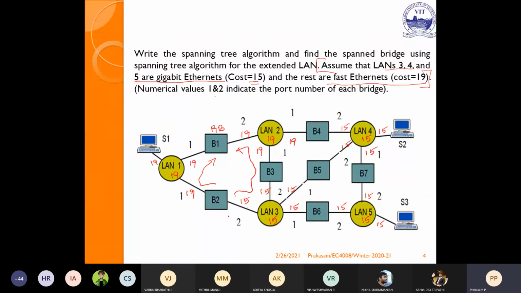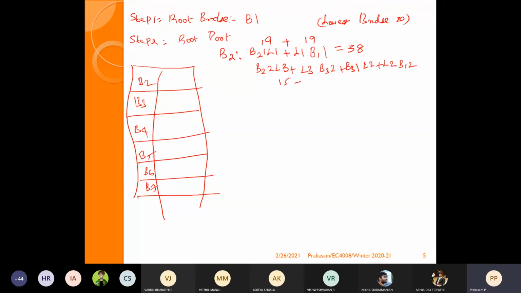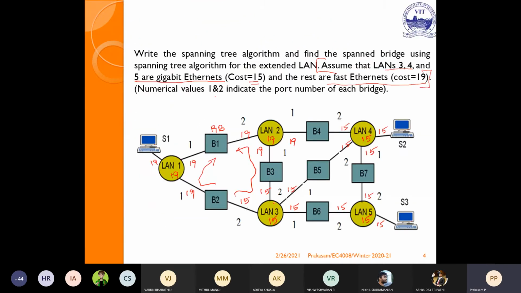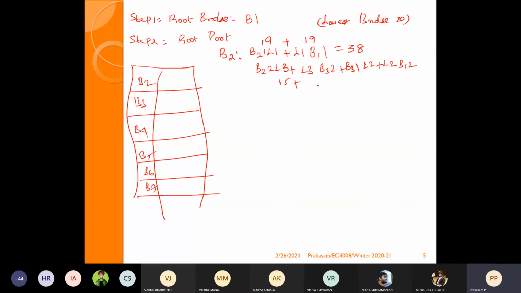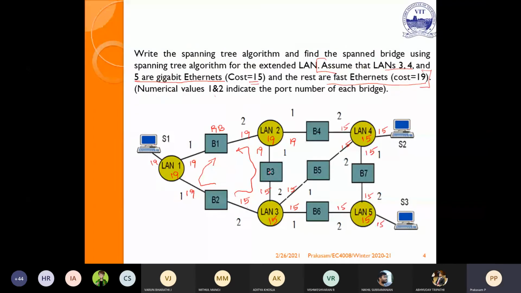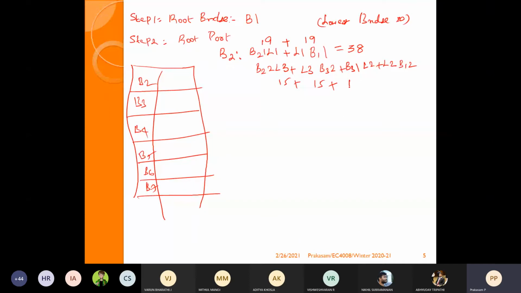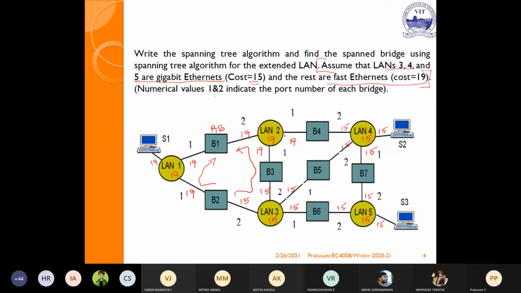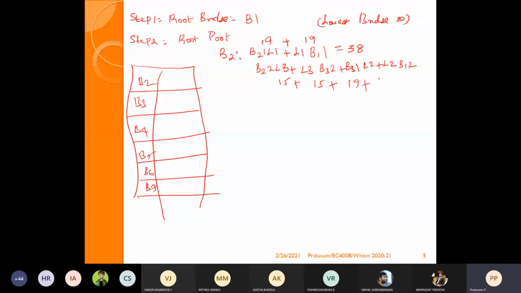So B2 2 to L3 is 15, plus L3 to B3 2 is 15, plus B3 1 to L2 is 19, plus L2 to B1 2 is 19. If we calculate, it is nothing but 68.